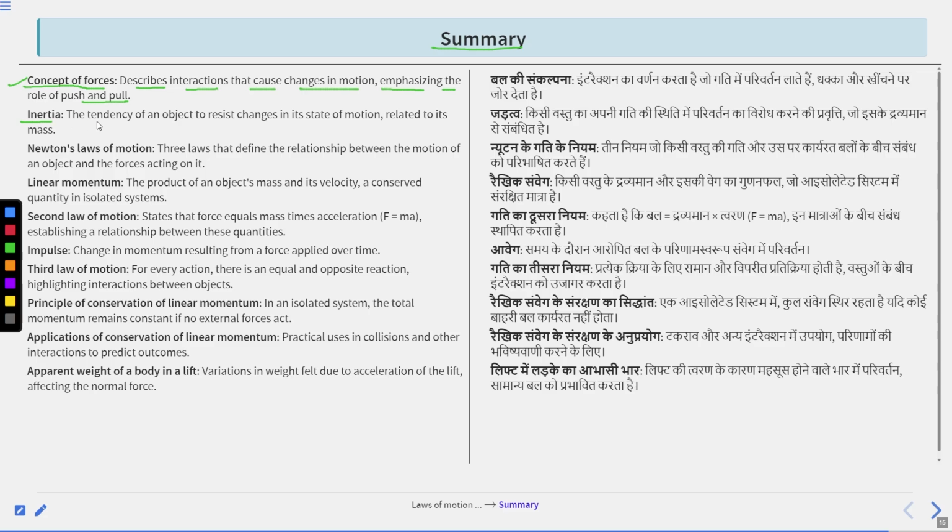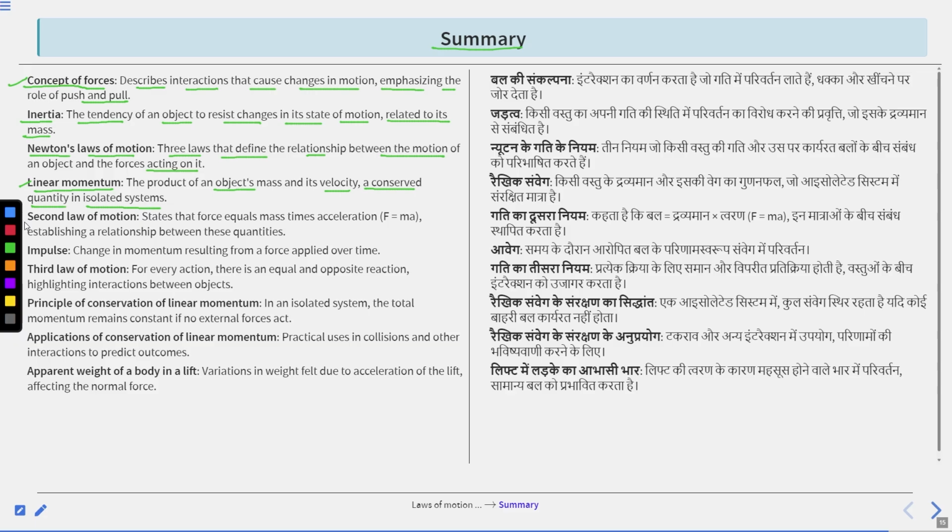Next is inertia, the tendency of an object to resist changes in its state of motion, related to its mass. Third is Newton's laws of motion, three laws that define the relationship between the motion of an object and the force acting on it. And then linear momentum, the product of an object's mass and velocity, a conserved quantity in an isolated system.